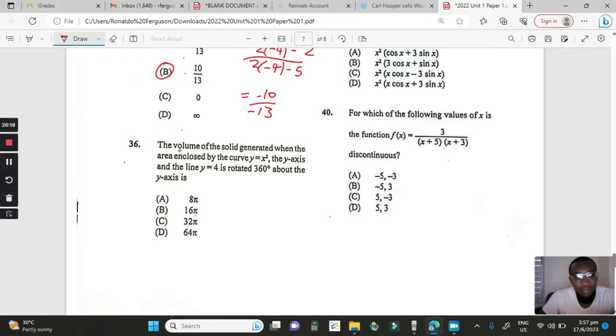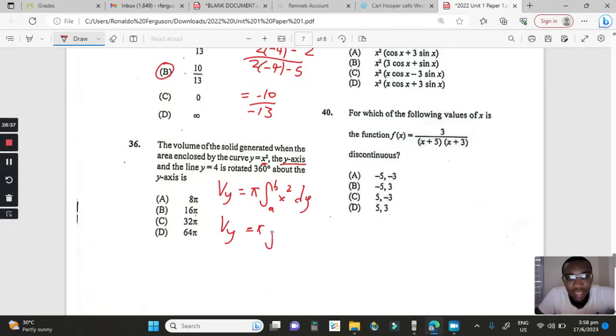This one now, the volume of a solid when the area is rotated about the y-axis. First thing, volume about the y-axis is pi times the integral from a to b of x squared dy. So x squared, they say, is y. So it's pi times the integral from 0 to 4, because it says it starts at the y-axis, of y dy.